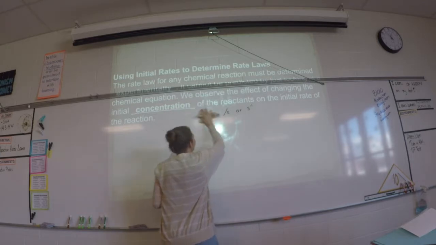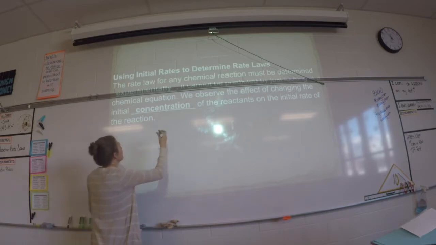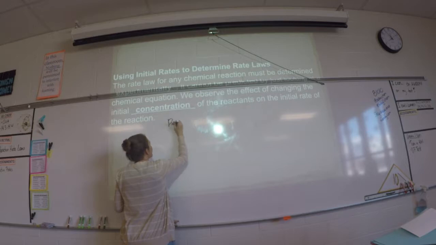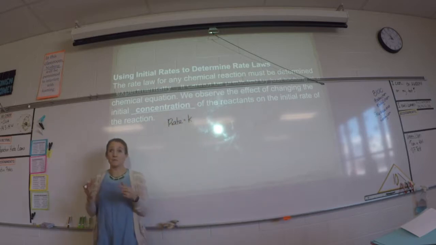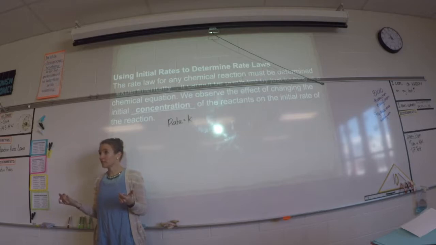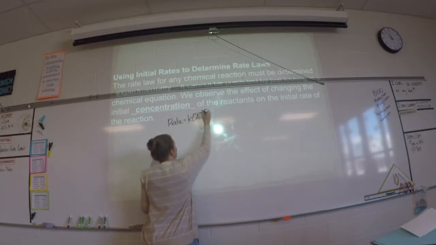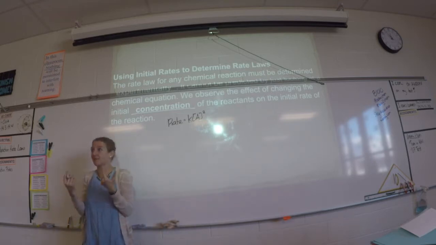Let's do the second order one real quick in that next box. For second order, technically there are different ways in which something can be overall second order. You can either have one thing that's squared, or you could have two things that are both first order.